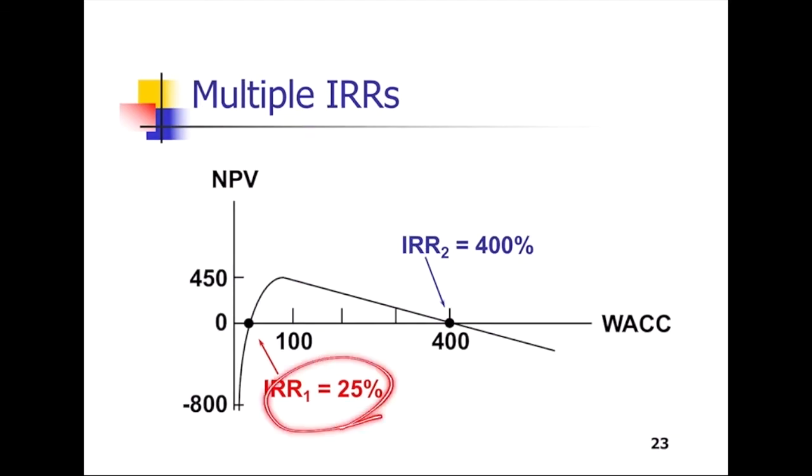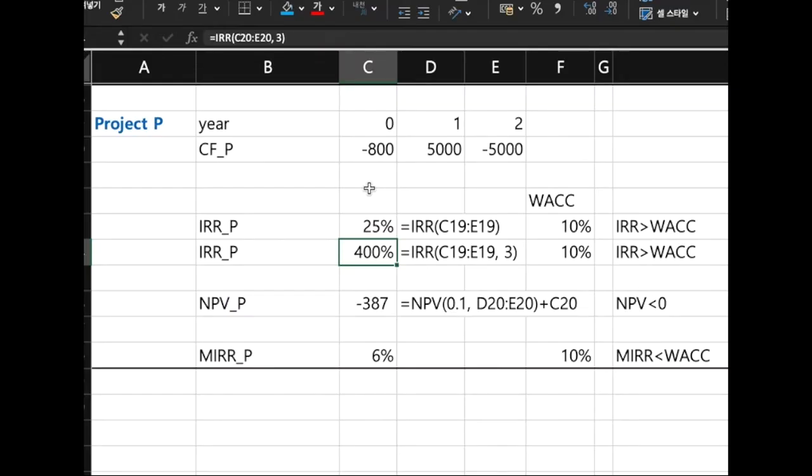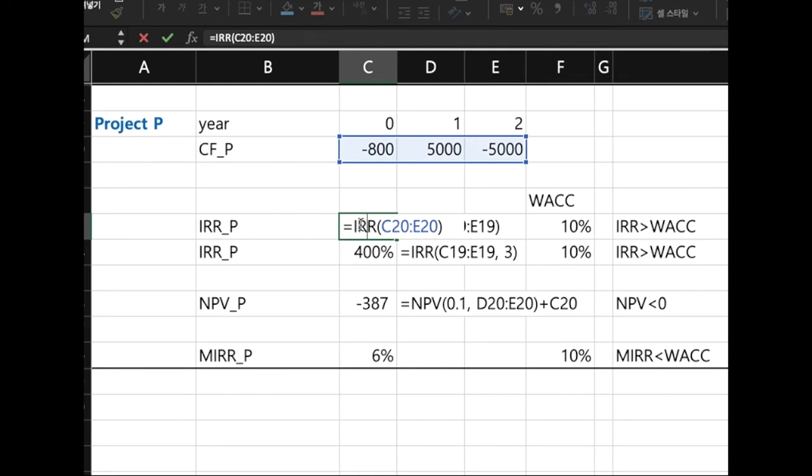These solutions can also be calculated using Excel. This is the Excel exercise file. I already input the cash flows and applied the IRR function. In the first case, just input the cash flows at T0 to T2, right? And then we get 25%. And for the second one, there is one more term.